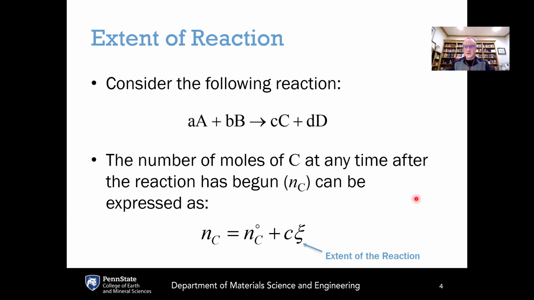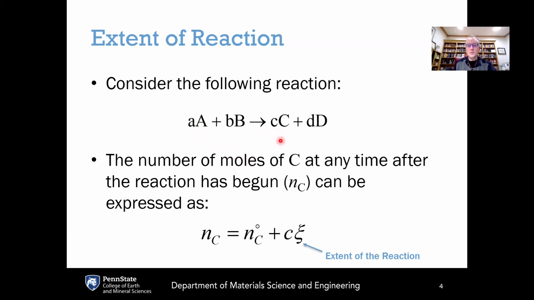So let's consider a generic chemical reaction here, where you've got some quantity of A and some quantity of B, and they react to form the products C and D. The species are given by the capital letters here, and the amounts of the species are given by the small letters. So small a amount of capital A, for example.